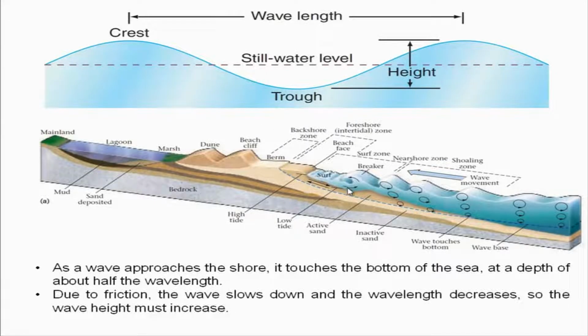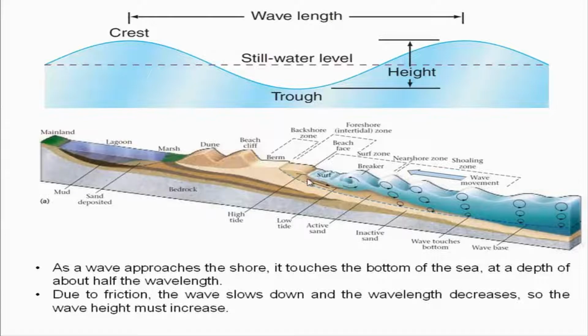In short, the waves which are moving towards the coast are squeezed because of the friction which is produced between the base of the coastal region and the wave, and that results in the height increase.